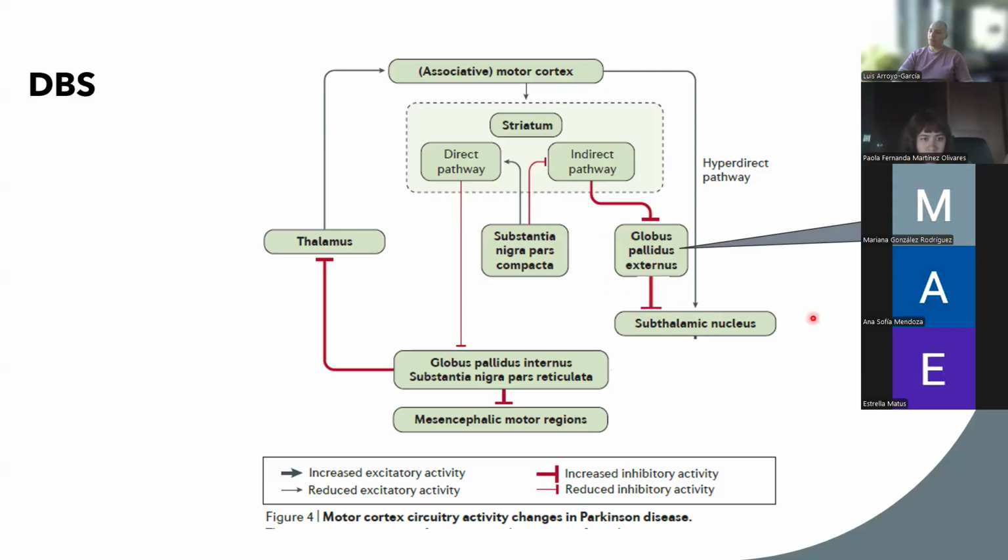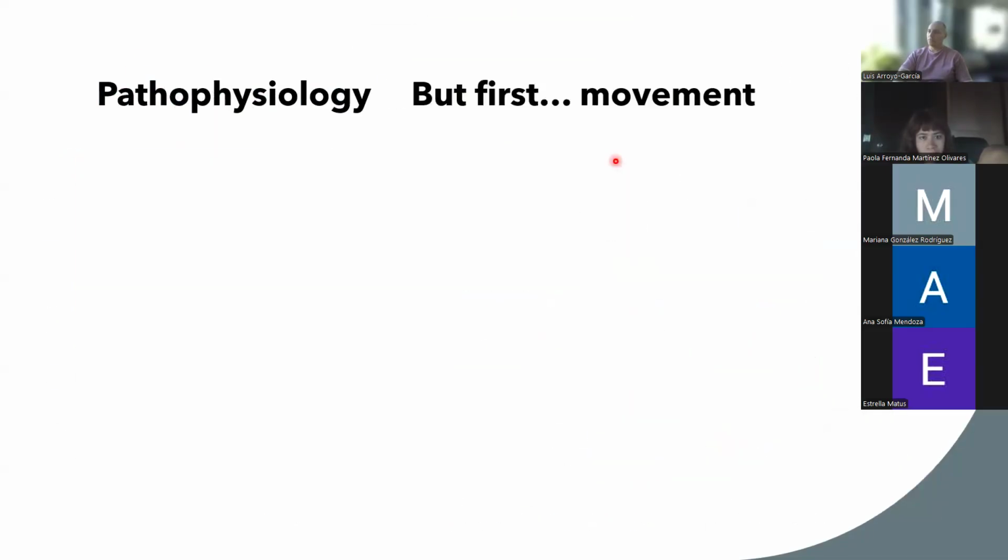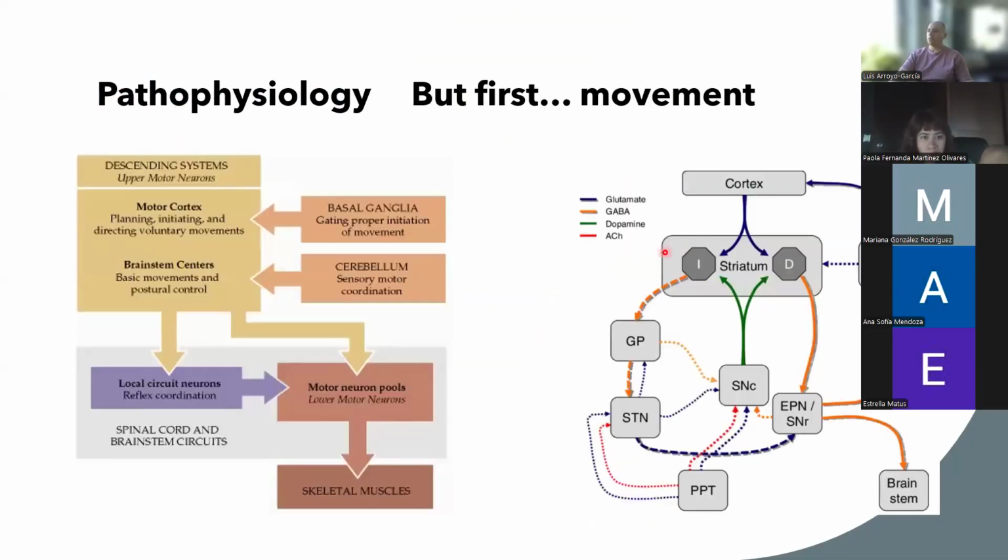So this will actually reduce the excitation of the subthalamic nuclei, and then it will communicate with the globus pallidus with reduced excitatory activity, and then all of this will be fixed as we have it in the beginning here. Okay, so this will be restored if we only target this or this nuclei.